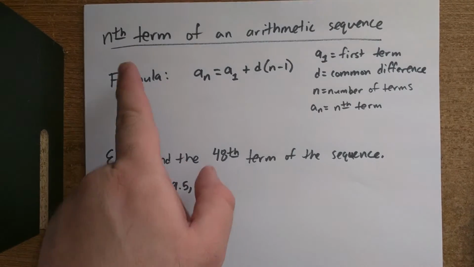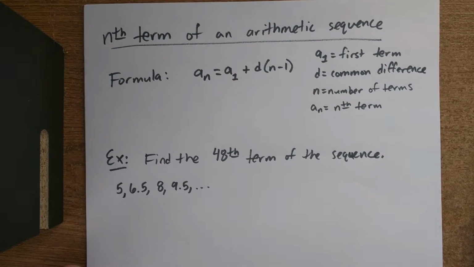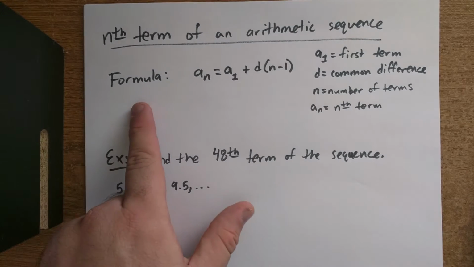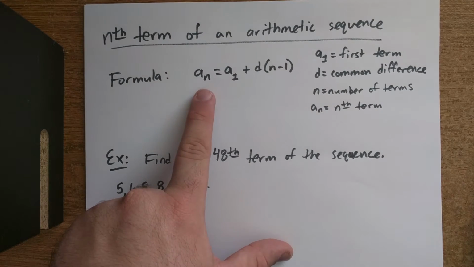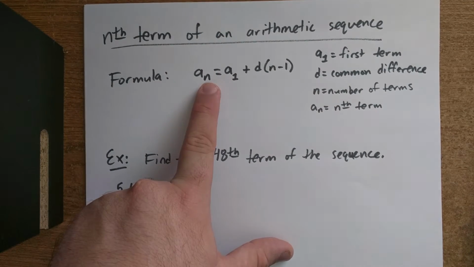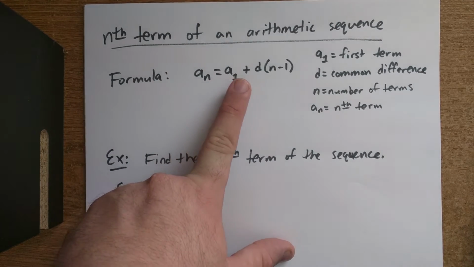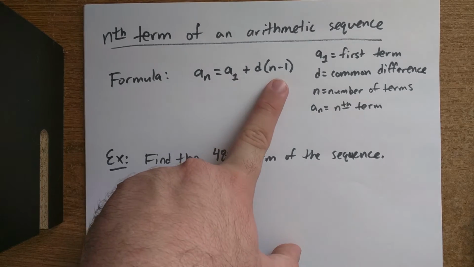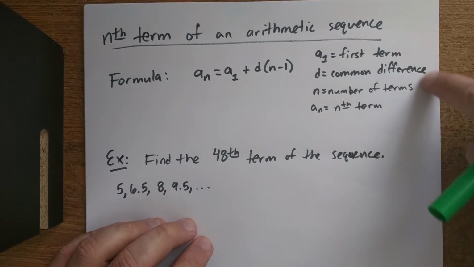Now go ahead and copy this down. So we have the nth term of an arithmetic sequence. It has a formula. It says a sub n, so that's a subscript n, equals a sub 1 plus d times n minus 1. And I'll tell you what all these stand for.